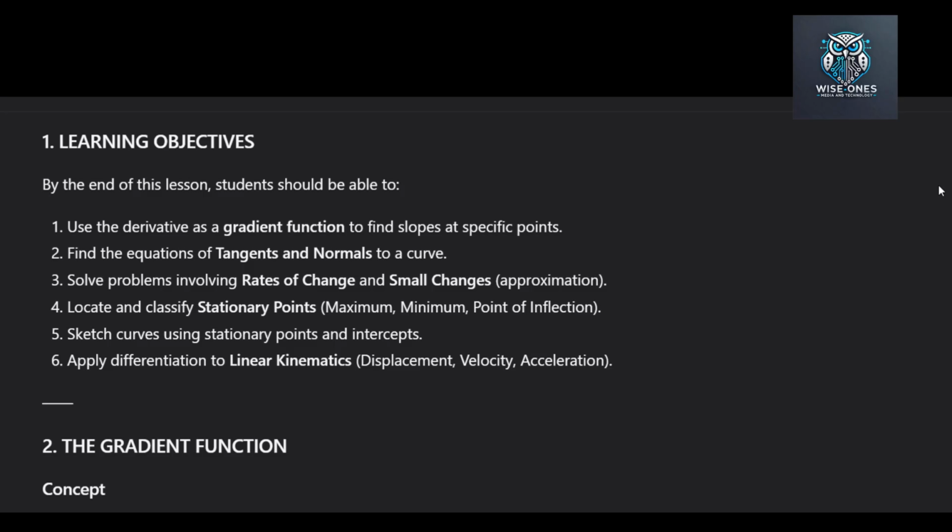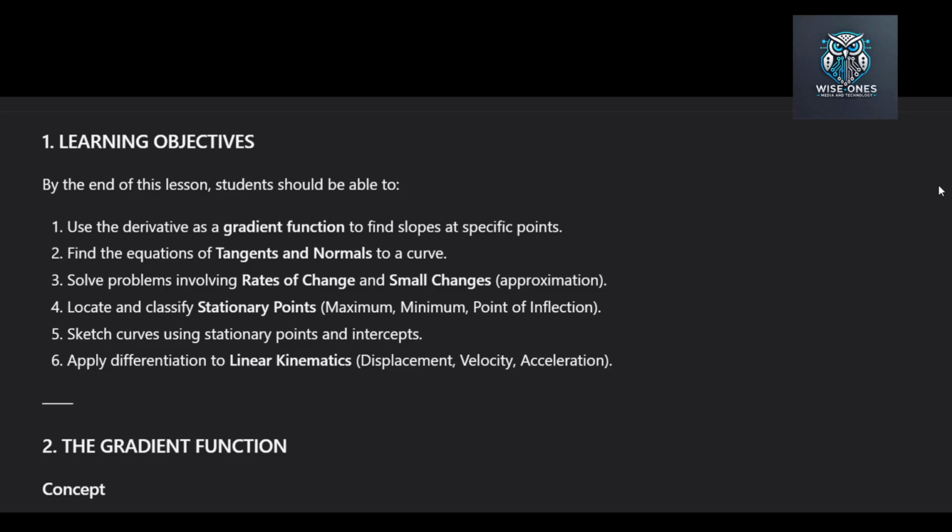Let us look at what we want to achieve by the end of this lesson. These are our learning objectives. By the time we finish, you should be able to use the derivative as a gradient function to find slopes at specific points. You will learn how to find the equations of tangents and normals to a curve. You will learn how to solve problems involving rates of change and small changes, which is also called approximation.